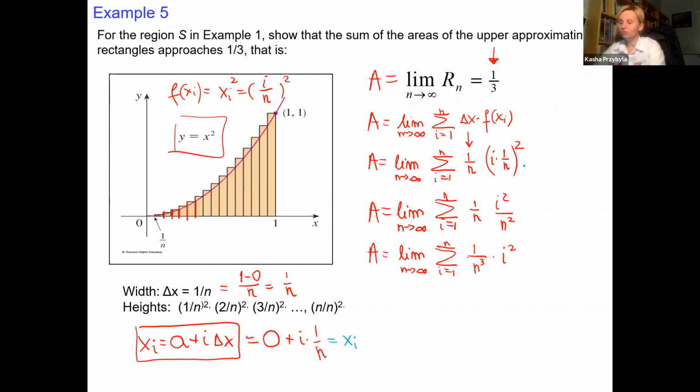And now with respect to sigma, sigma is only indicating that i is changing from 1 to n. That means everything that is not i will be considered a constant, and we can put it in front of the sigma. That means I will put 1 over n cubed in front of sigma.